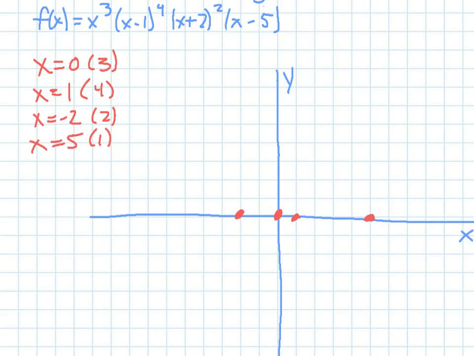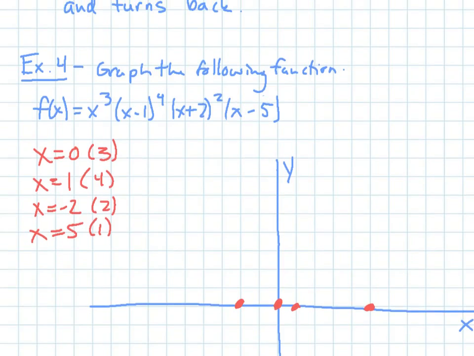Okay, so now let's look at all of them. Since I have x cubed, x to the 4th, x squared, and just x, the degree of my polynomial should be whatever 3 plus 4 plus 2 plus 1 is. So that gets me x to the 10th.